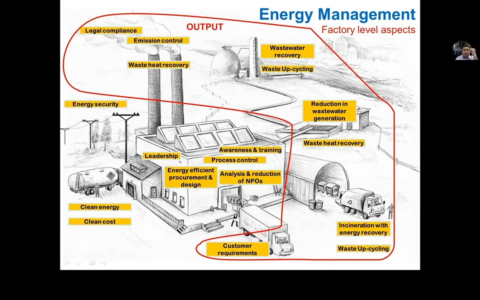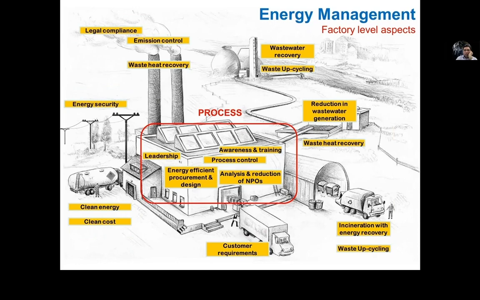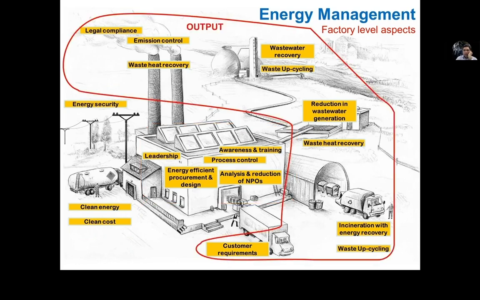So wastewater recovery, then waste heat recovery from the emissions, improving the quality of emissions, putting up filters to improve the emission controls and also ensuring legal compliance. So these are the aspects on the input, process and output side that we need to take care of when we are starting at the factory level.